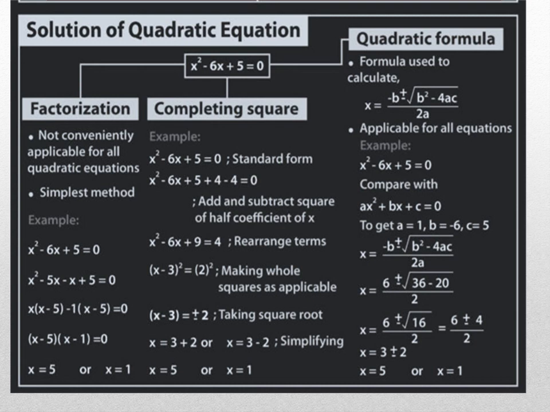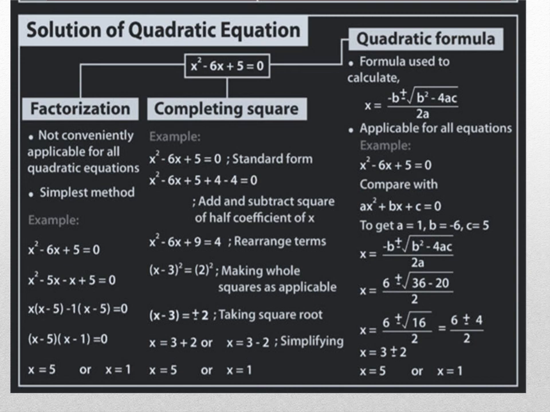Lastly, I would like to compare the three methods of our quadratic equation chapter for the same equation x square minus 6x plus 5 equals 0. That way you can differentiate what to do and what not to do in the three methods: factorization, completing the square, and the quadratic formula.